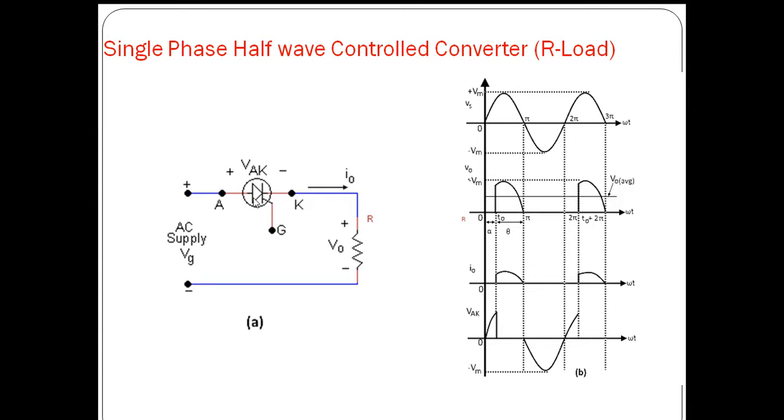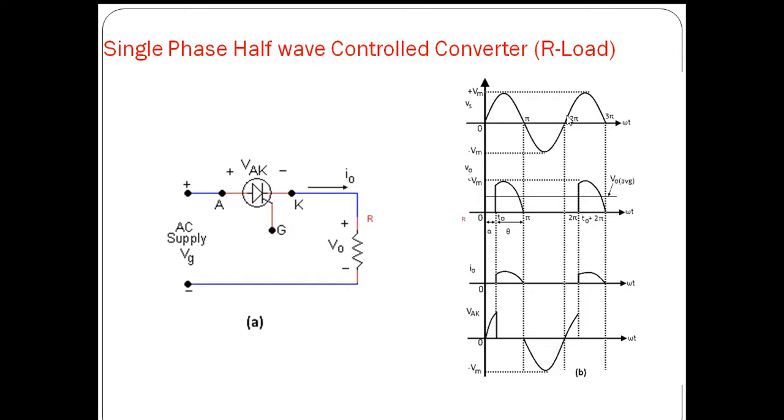Actually, the SCR will be forward biased during positive half cycles. During the positive half cycle, plus will appear here. Plus will be connected to the positive terminal, the anode of the SCR, and the negative terminal will be connected to the cathode of the SCR. SCR is forward biased.